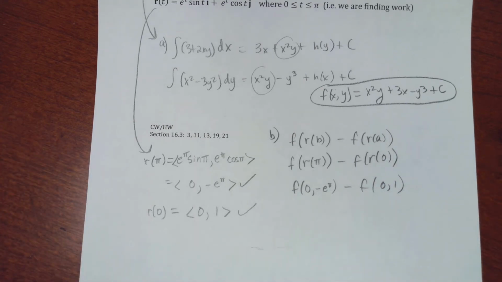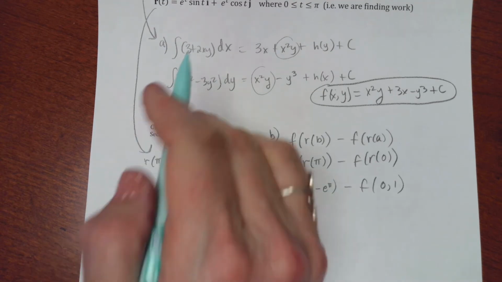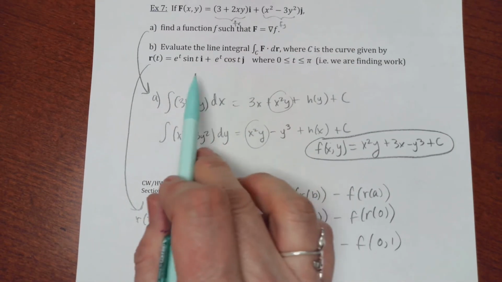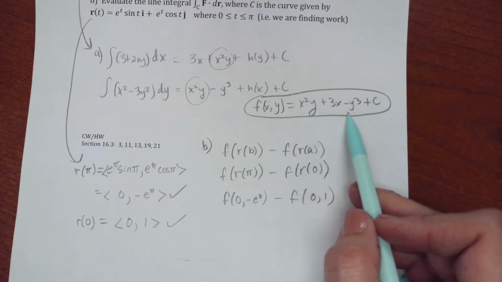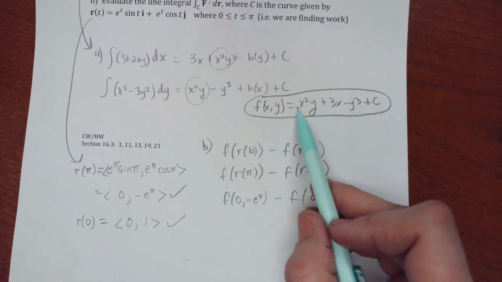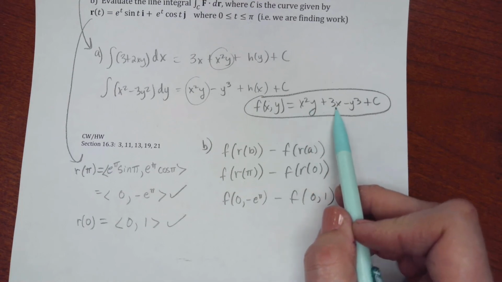Which still is a little bit of work, but it's easier than what we were doing before with the whole dot product and all that for the work. This would have been kind of gross, all these derivatives of these things. All right, so I have to plug 0 and negative e to the pi in here. So 0 for x, that goes away, that goes away.